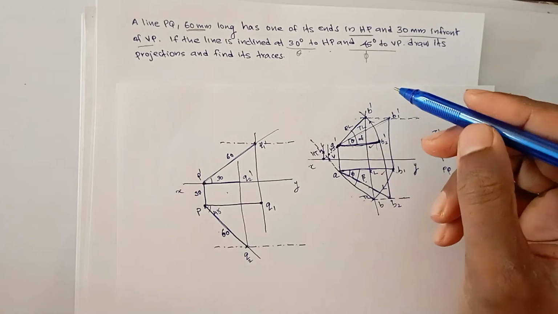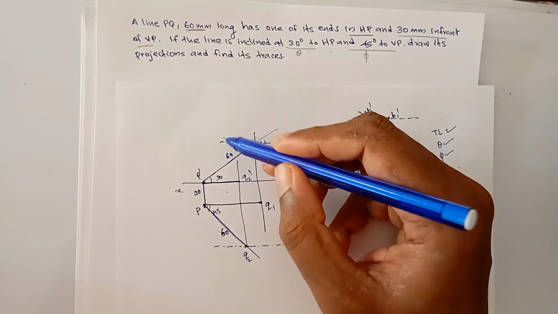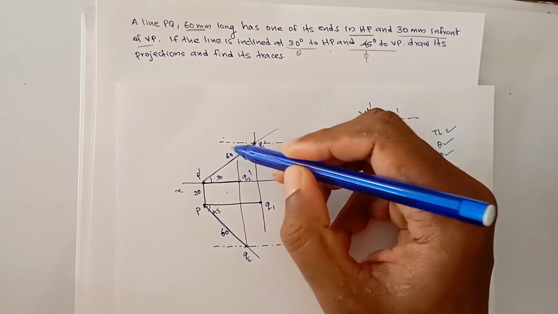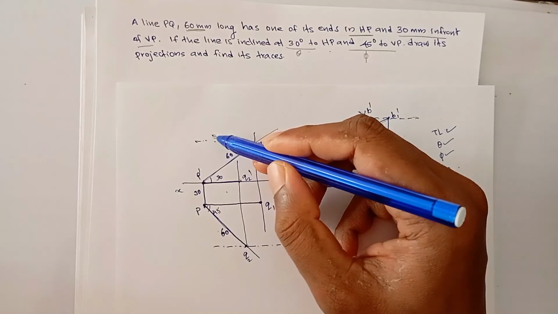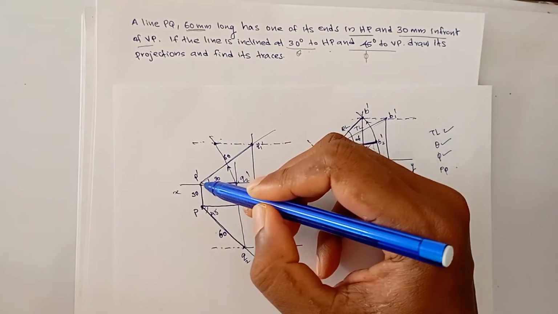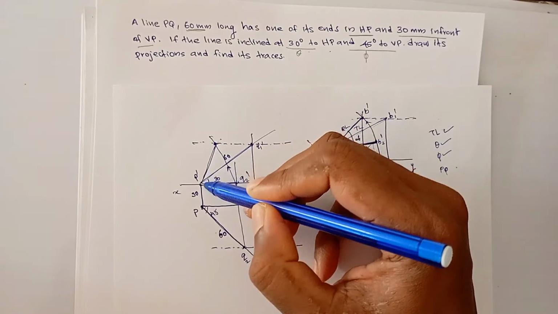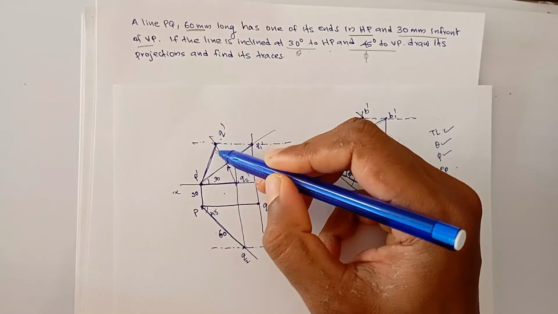So how do we find the original top and front view? Just transfer this line from here to here. This is our location point or trace point. Just transfer this length, and we got this point. This is our Q dash, the original front view.